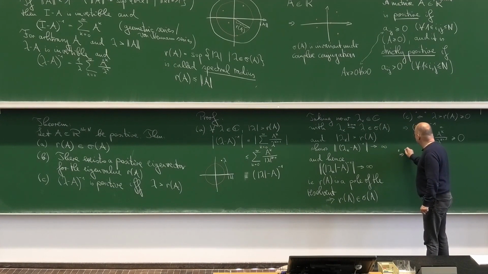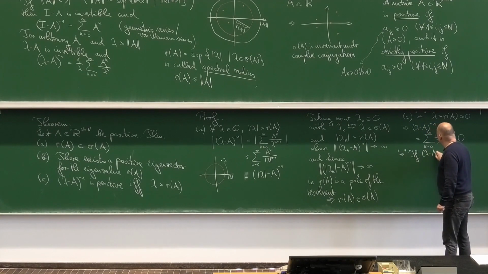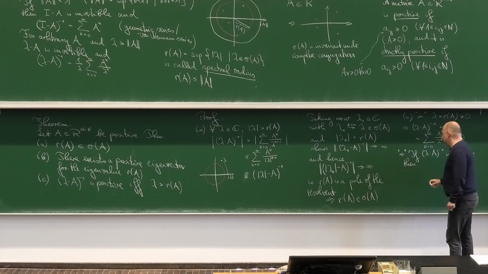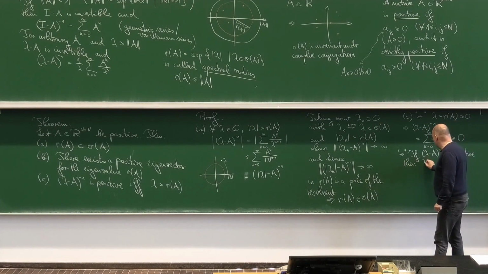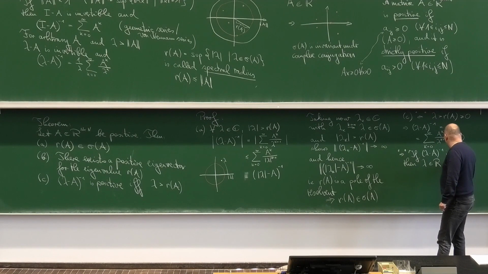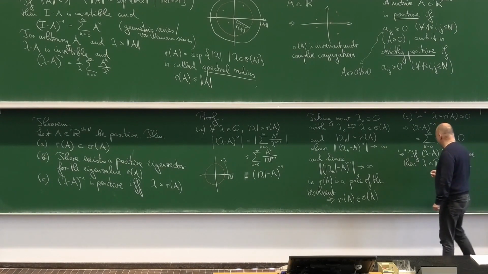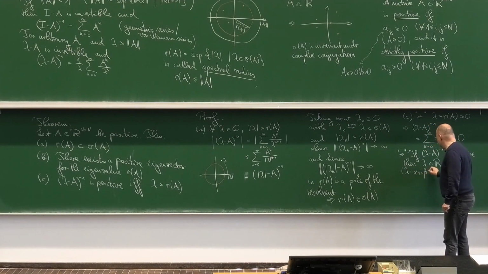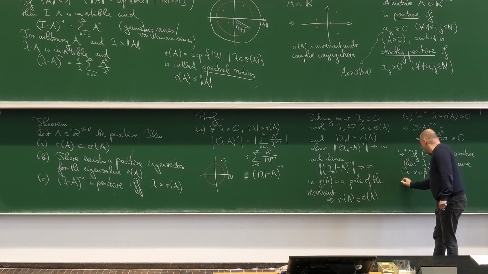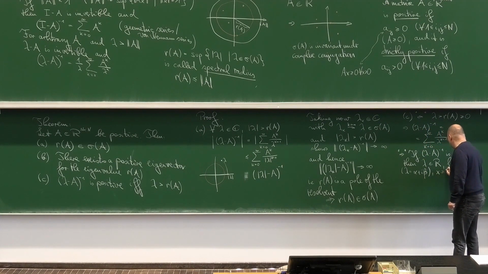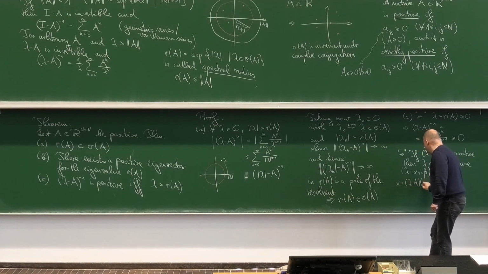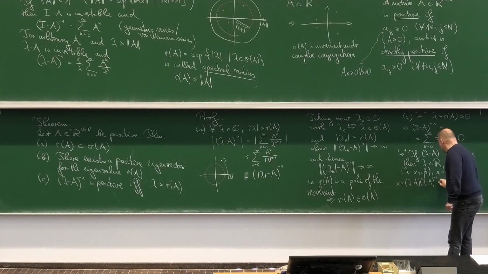And the other direction, if the resolvent is positive, then actually lambda must be real because, well, if lambda is, let's say, alpha plus I beta for real part and imaginary part, and x is a positive vector, then x is equal to lambda minus A times the inverse x.